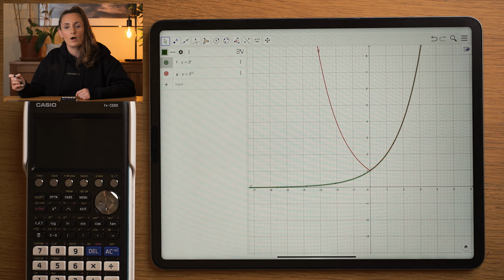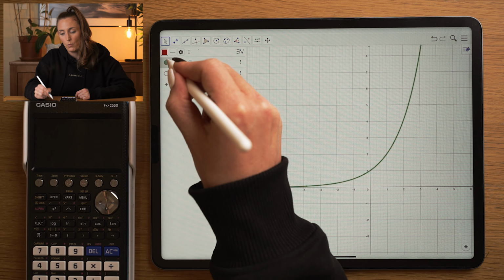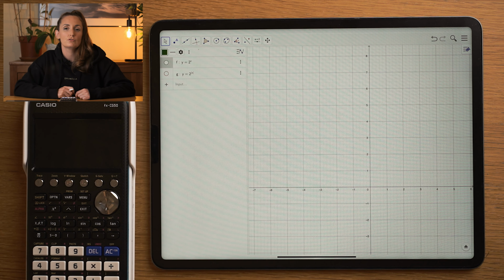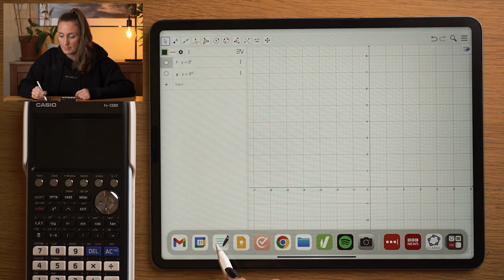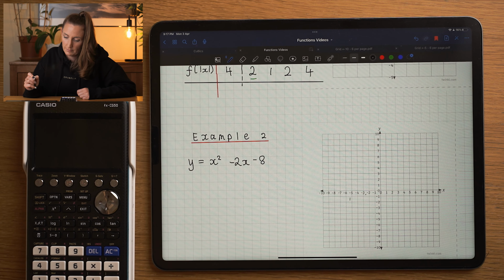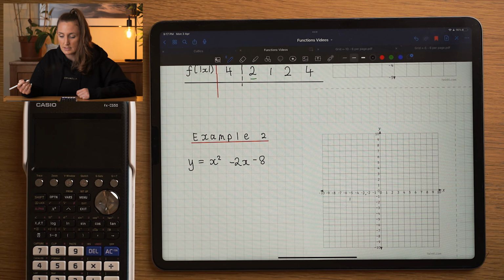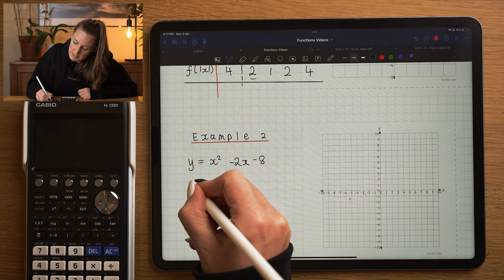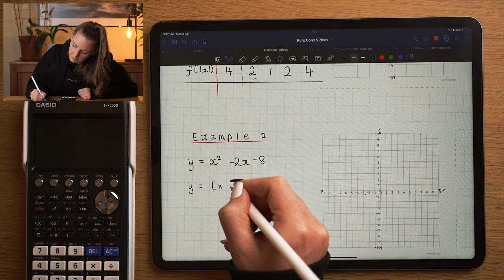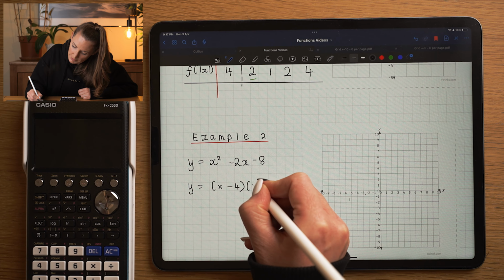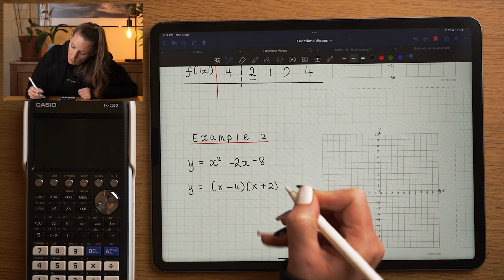Now let's have a look at a quadratic function and what will happen to a quadratic function when we take the absolute value of its function. So to graph a quadratic function, I'm going to be looking at a couple of key points. I'm going to start by factorizing the function. And that's going to tell me where the x-intercepts are.